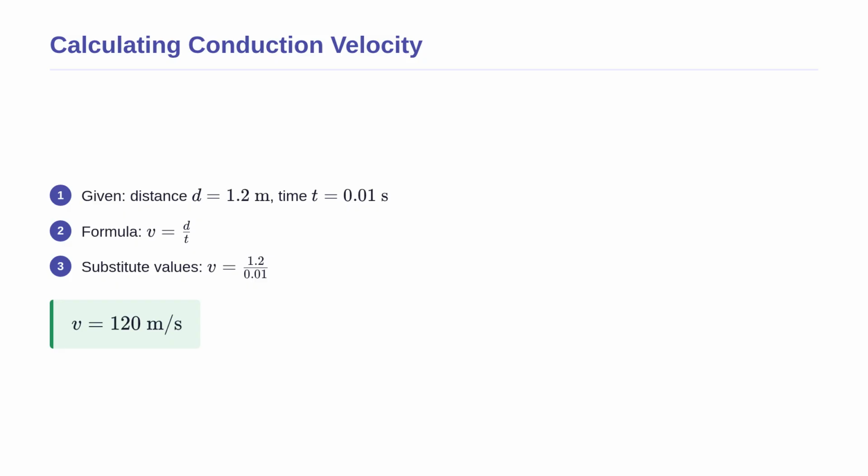We need to find the conduction velocity to determine if the nerve is healthy. We choose our basic velocity formula because we have distance and time. We substitute 1.2 for distance and 0.01 for time. Dividing these gives us 120. This final answer means the nerve impulse is racing down your leg at 120 meters per second, which is roughly 268 miles per hour.